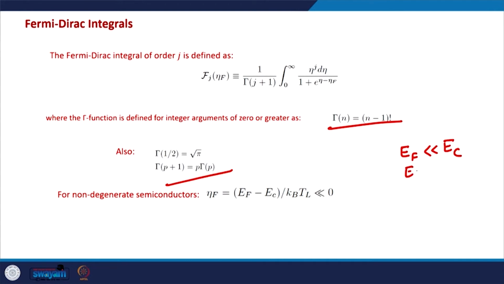or at least EF should be sufficiently below EC, which in other words is written as EF minus EC divided by kT is much smaller than 0.